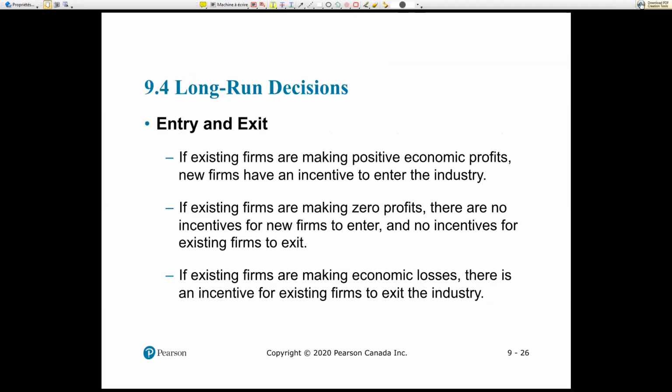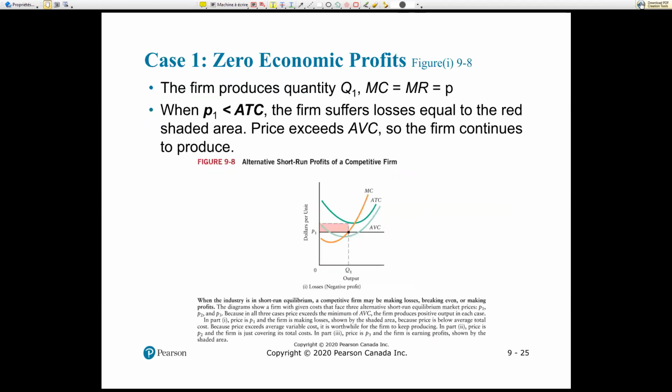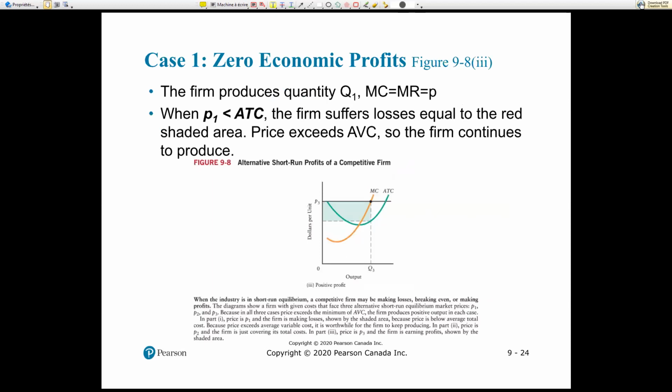Is it possible to go to page 24? They're saying something, but the graph is different. Marginal cost equals marginal revenue. So what's bothering you here? Well, they're talking about P1, but on the graph... Oh yeah, you're right.